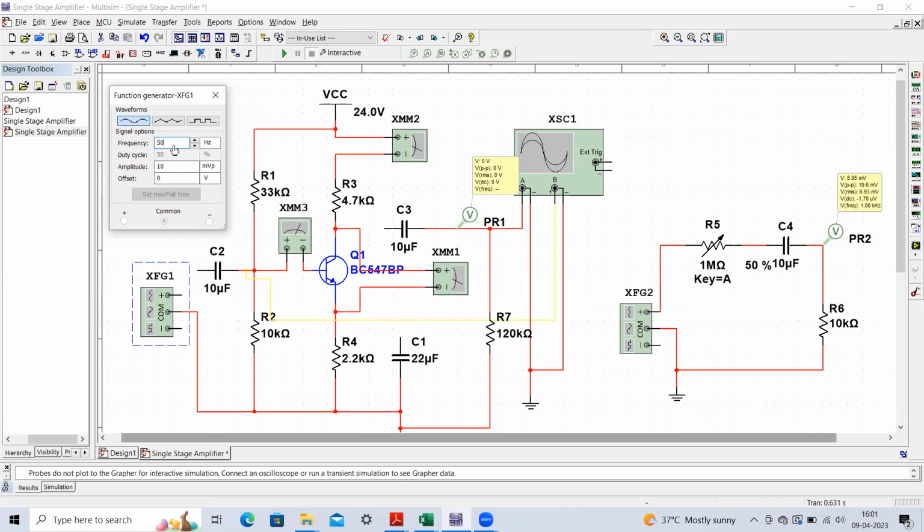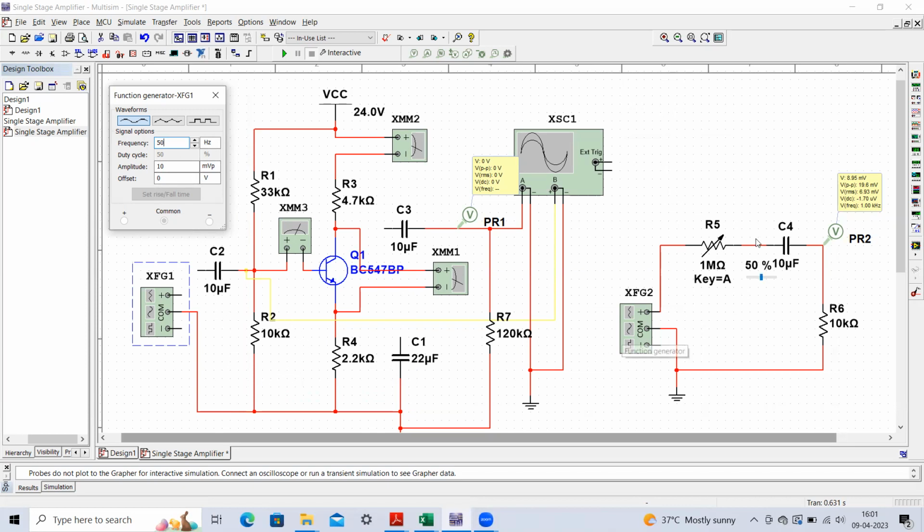One important point to remember: if in your laboratory your function generator is not able to generate such a small voltage, what you can do is make this kind of circuit. You just take a potential divider. I have taken one variable resistance over here, and a 10 microfarad capacitor, and we have already connected this 10 kilo ohm resistor.